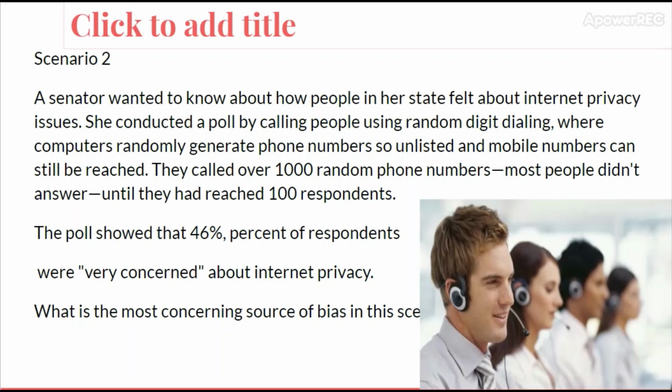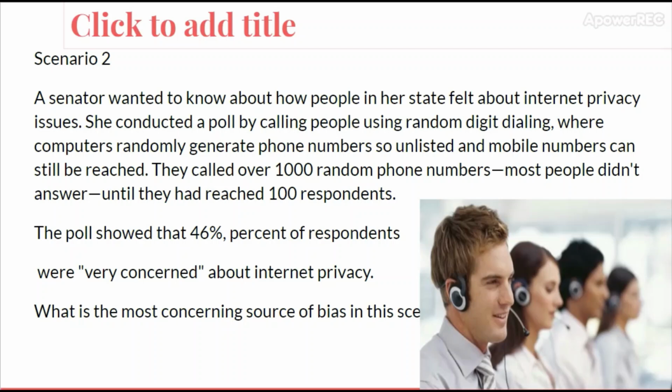Most people didn't answer until she reached 100 respondents, and it shows that only 46% of people said they really agree with her opinion. So what kind of bias is in this situation?